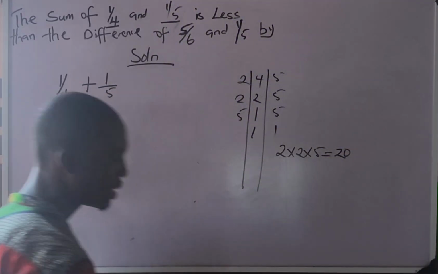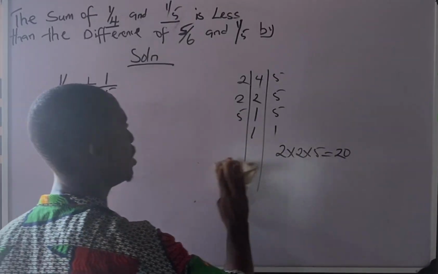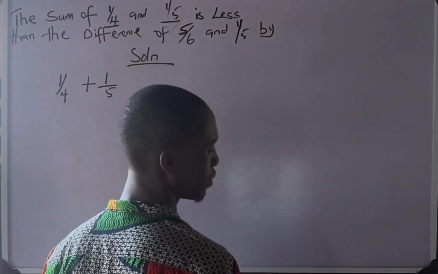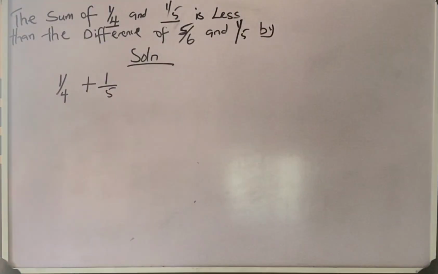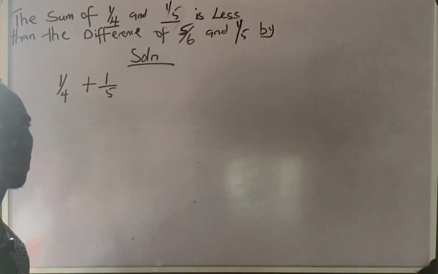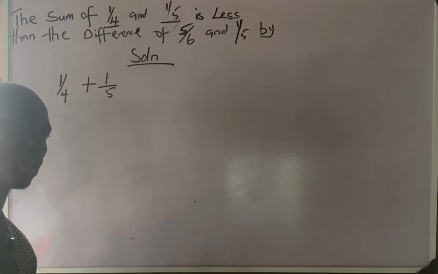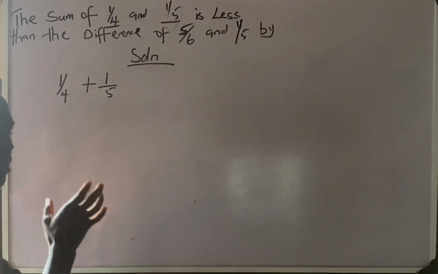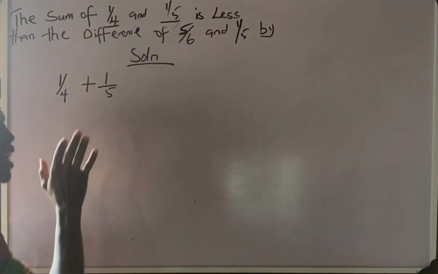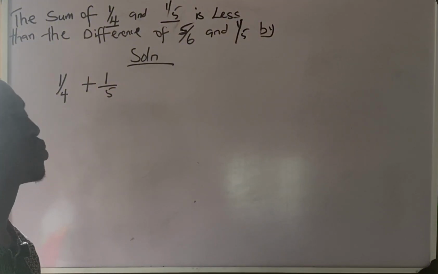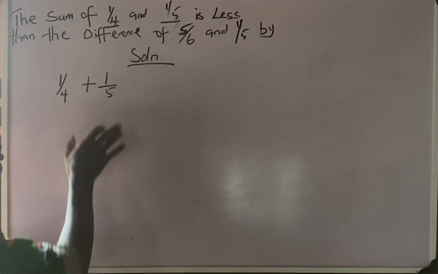But there is a quicker way to get the LCM. When you notice that the numbers cannot divide themselves, the best approach is to multiply the numbers.